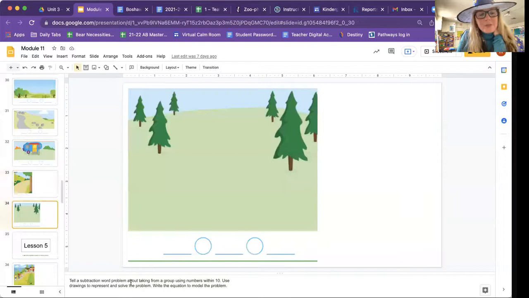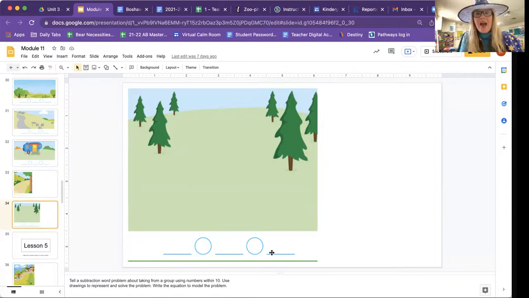Here's another on your own. Tell a subtraction word problem about taking from a group using numbers within 10. Okay, so you're going to come up with your own story. Use drawings to represent and solve the problem, and then use the equation to model it. So just like in yesterday's addition problem, you want to make sure that your picture is the same as your equation.